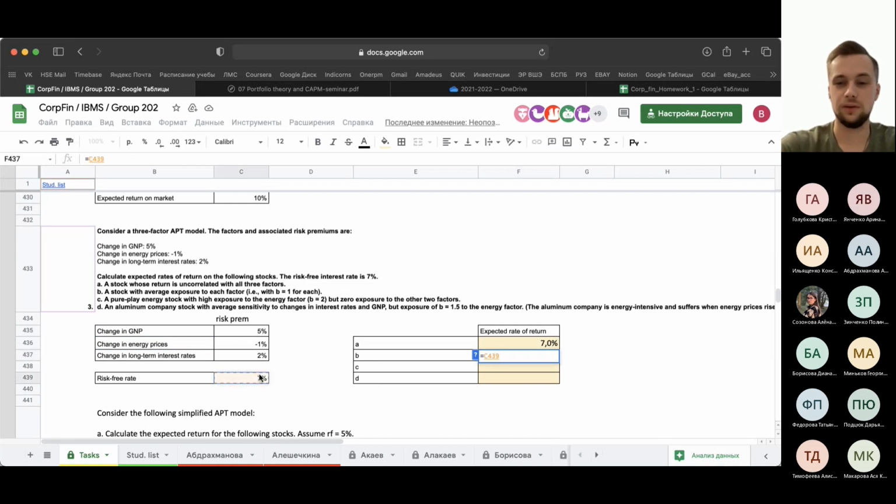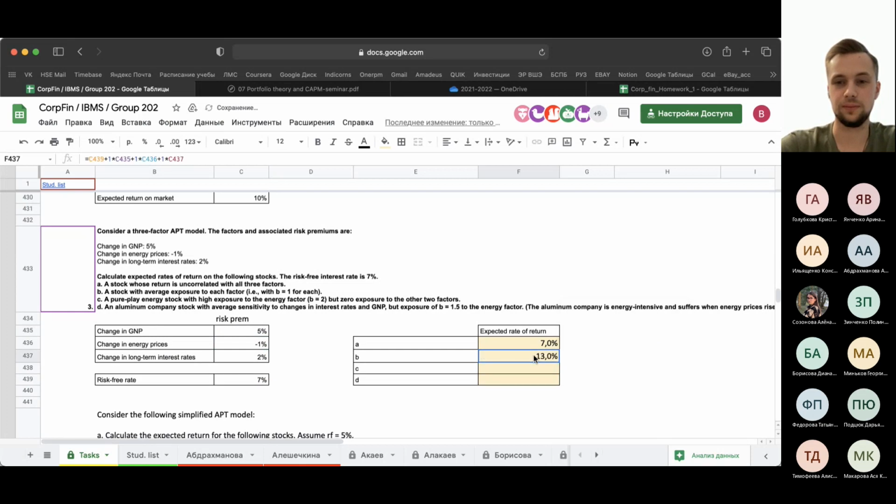We take the risk-free rate and then put all betas as 1. So 1 times 5% plus 1 times -1% plus 1 times 2%. Okay, what about the third one?